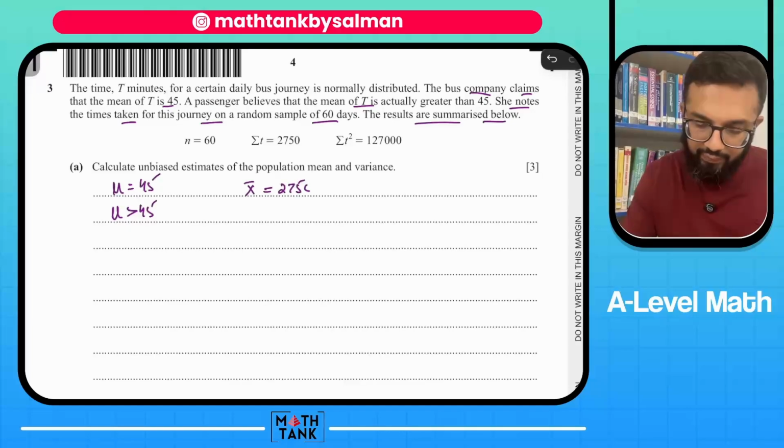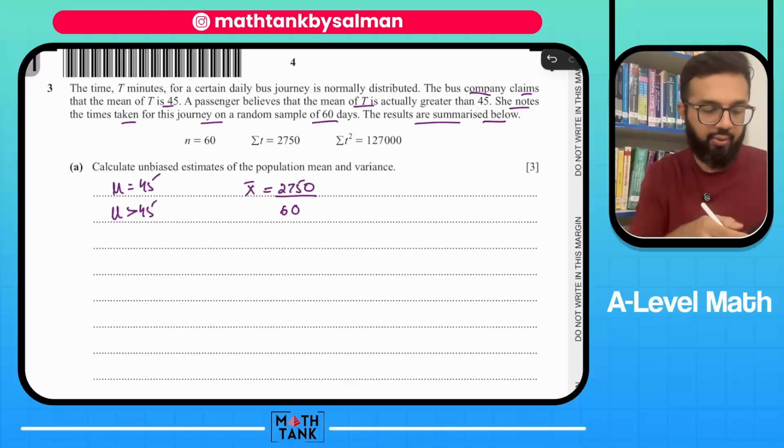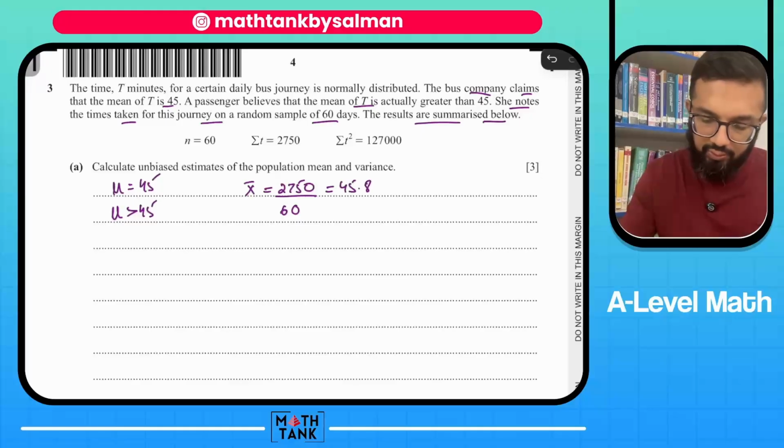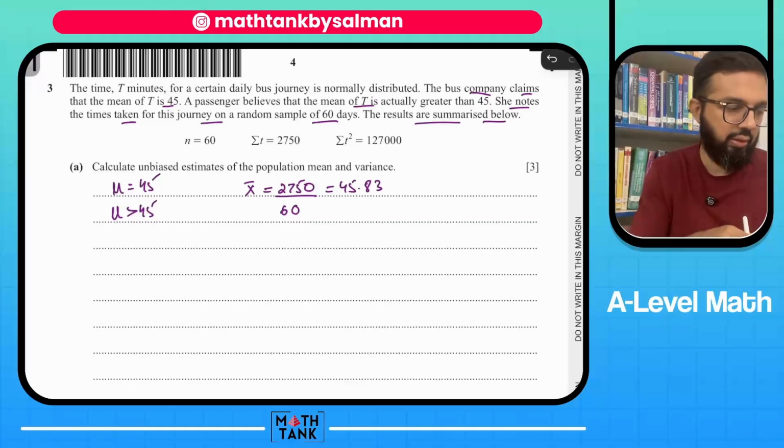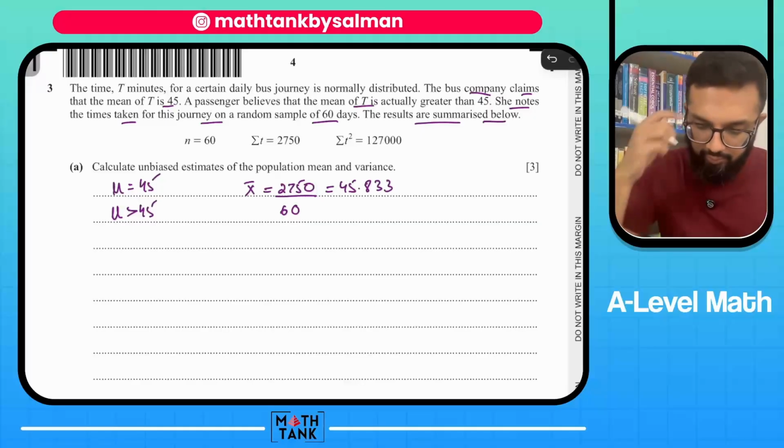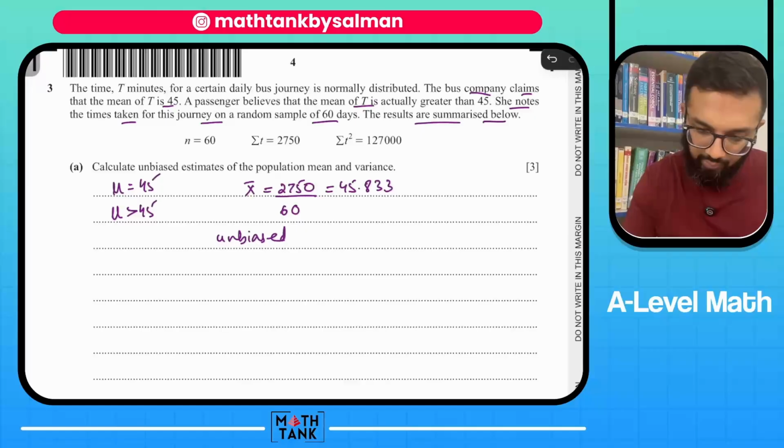So 2750 divided by 60. I'm getting 45.833. So that's the unbiased mean.